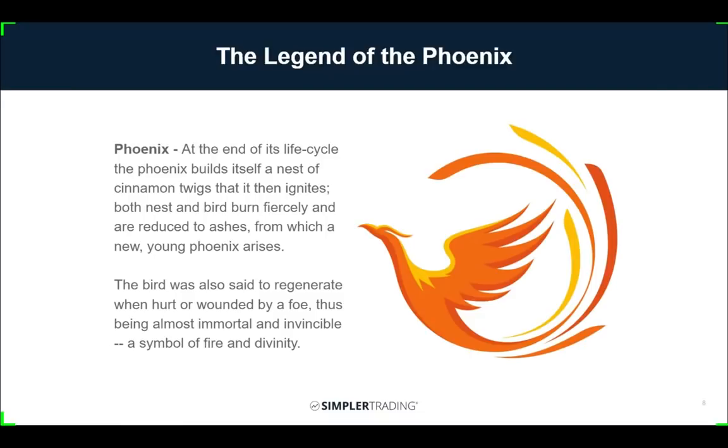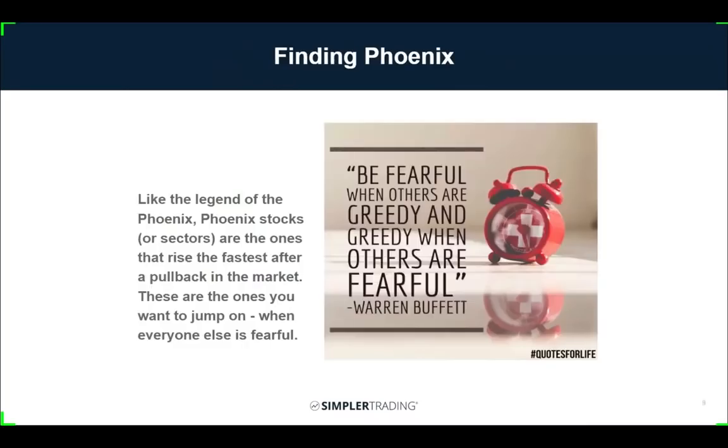It's reduced to ashes from which a new young phoenix arises. I think it's a perfect metaphor, because in the stock market you always want to be fearful when others are greedy and greedy when others are fearful. The best way to do this is to come into the stock market on down days and pick some strong names to get in on the dip.